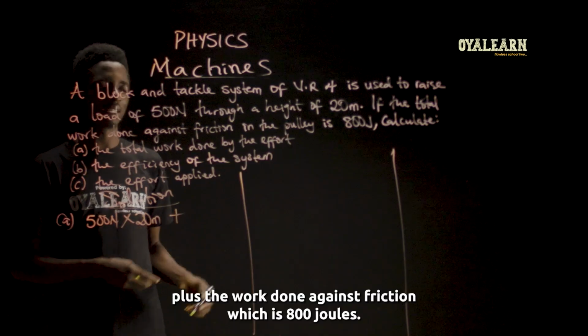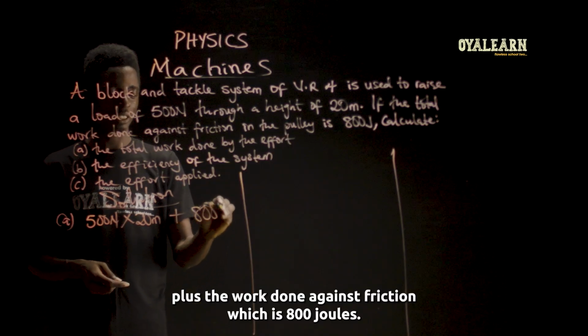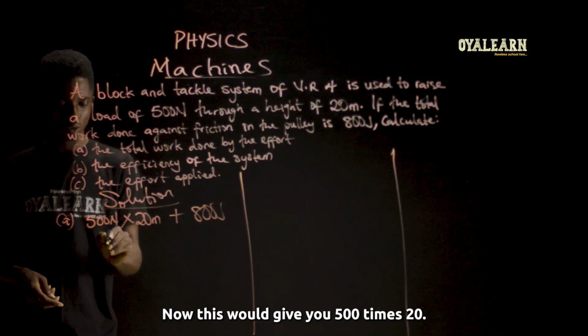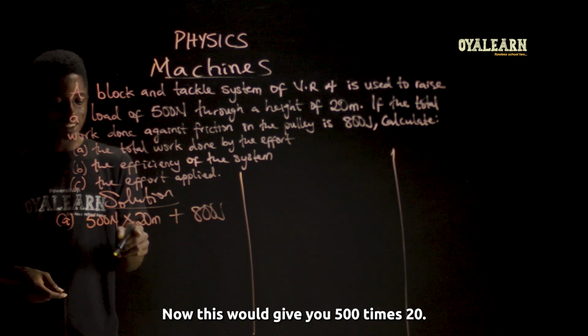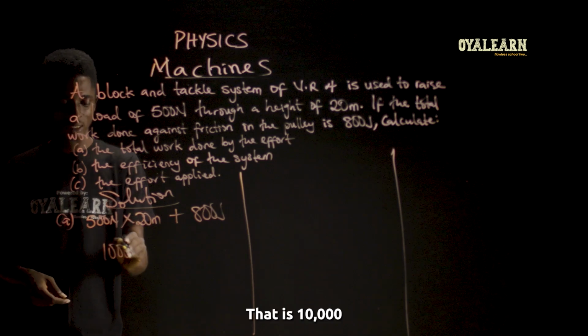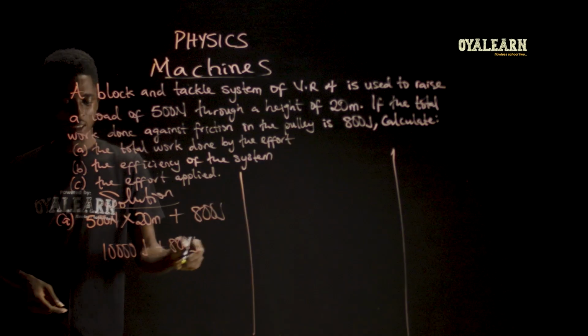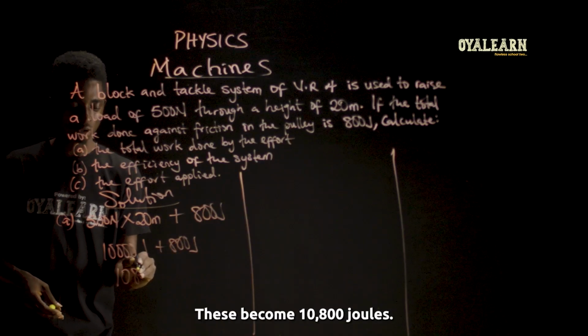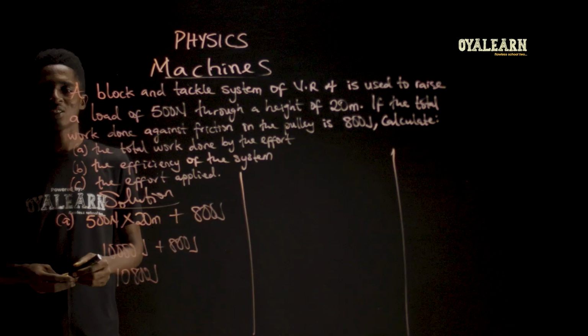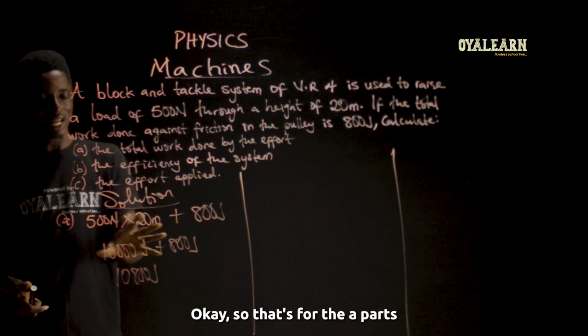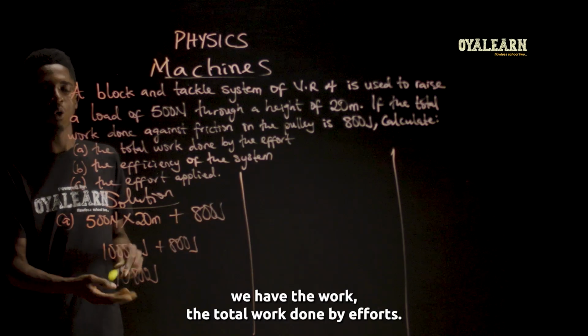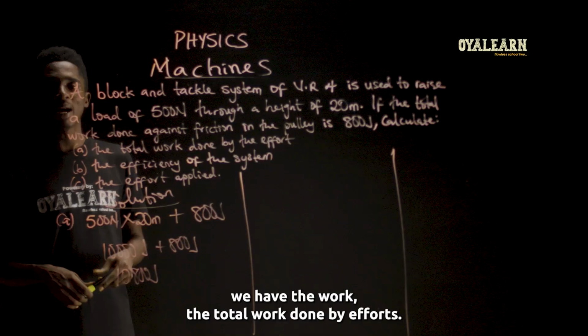Plus the work done against friction, which is 800 joules. Now this would give you 500 times 20, that is 10,000 joules plus 800 joules. When you add this it becomes 10,800 joules. Okay, so that's for the A part. We have the total work done by effort.